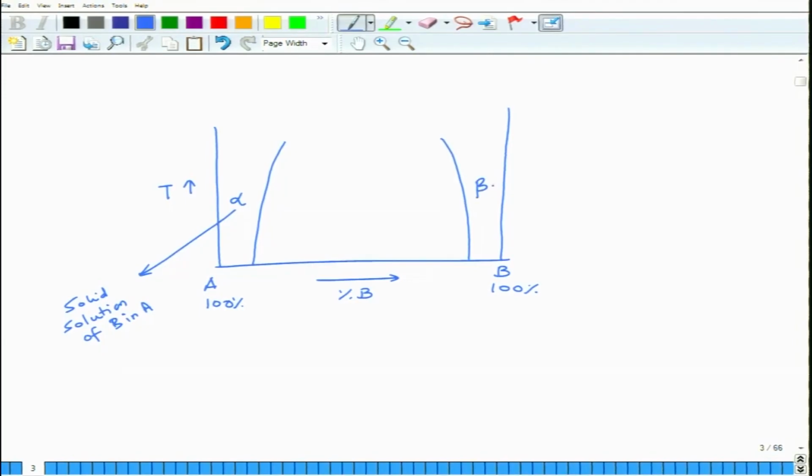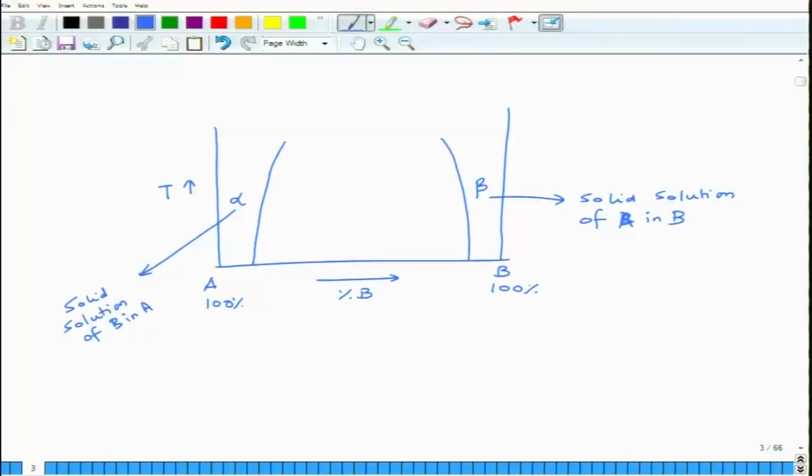This is the beta phase. This is a solid solution of A in B. Essentially it is nearly B with some atoms replaced by A, and this is a substitutional solid solution, which is a disordered substitutional solid solution.